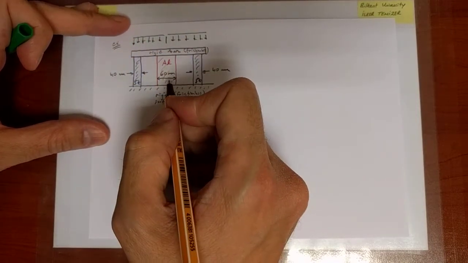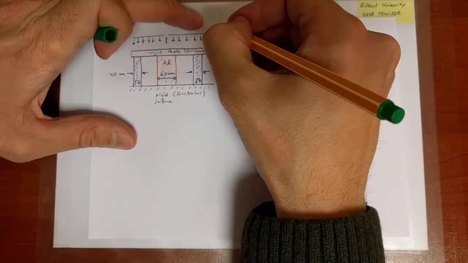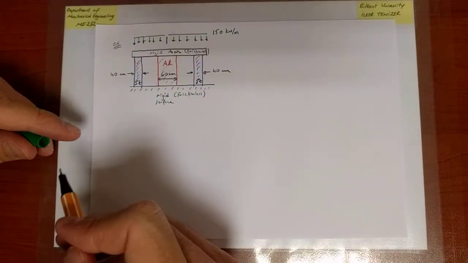And the load has a magnitude of 150 kilonewtons per meter. Okay, it's going to be applied to the rigid bar.